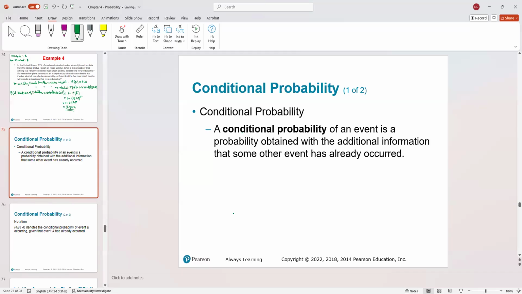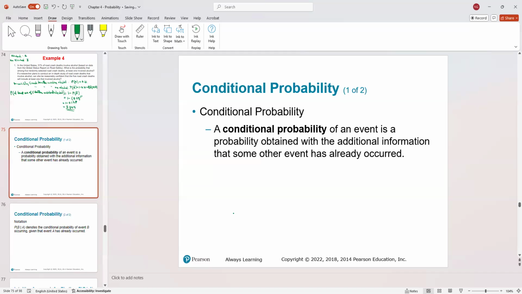So a conditional probability of an event is a probability obtained with the additional information that some other event has already occurred. I will buy you pizza given that the Patriots win. So Patriots win, I buy you pizza. The reason I buy you pizza is because I already know it's conditional.